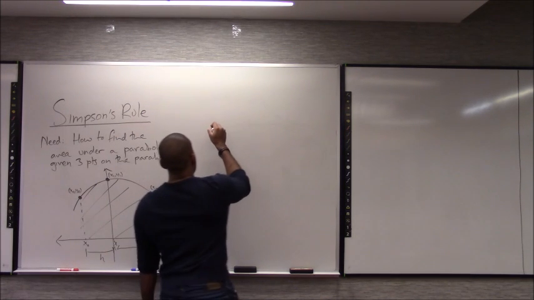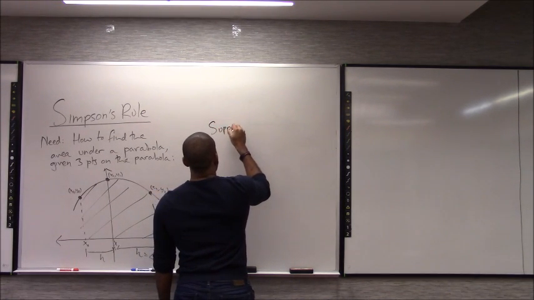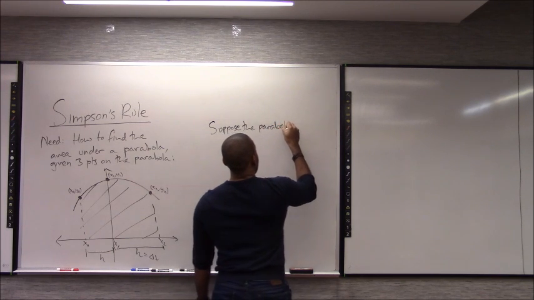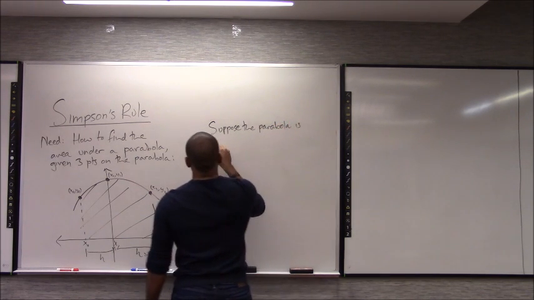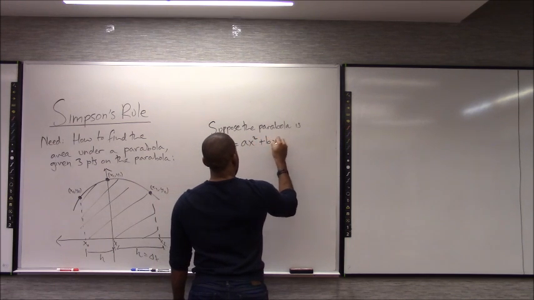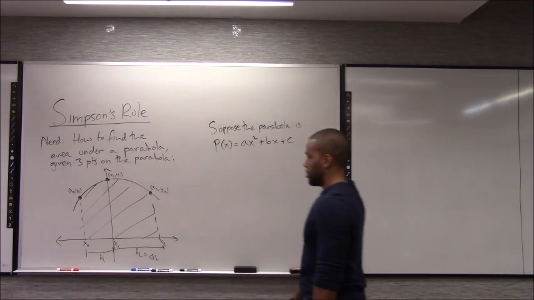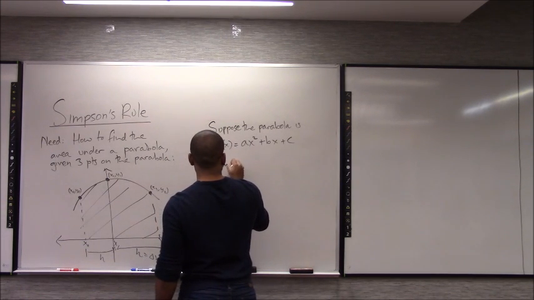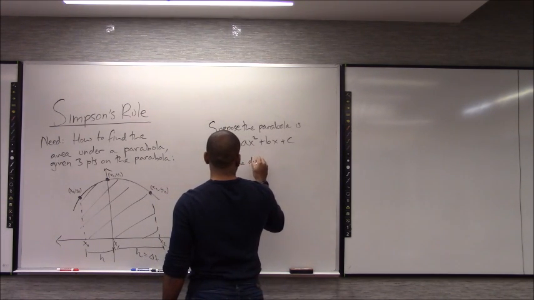So suppose the parabola is ax squared plus bx plus c. From the picture, here are some things we can figure out from the diagram.